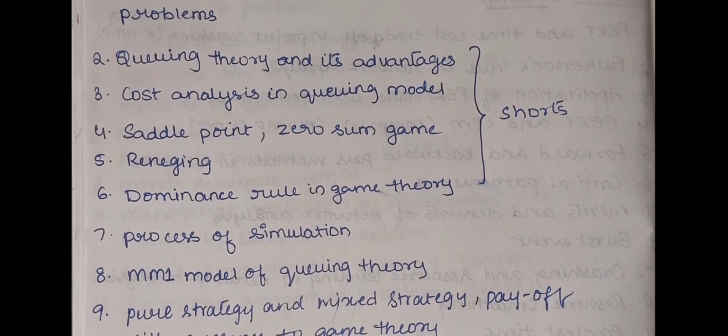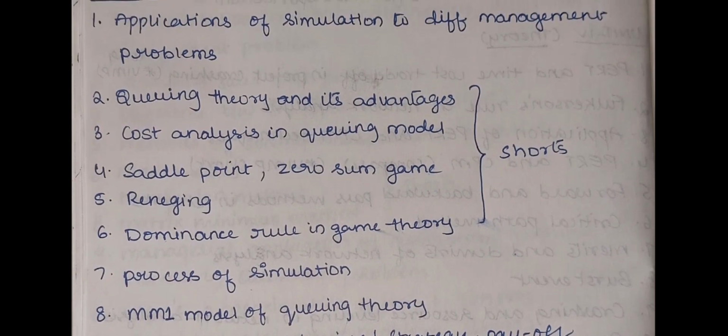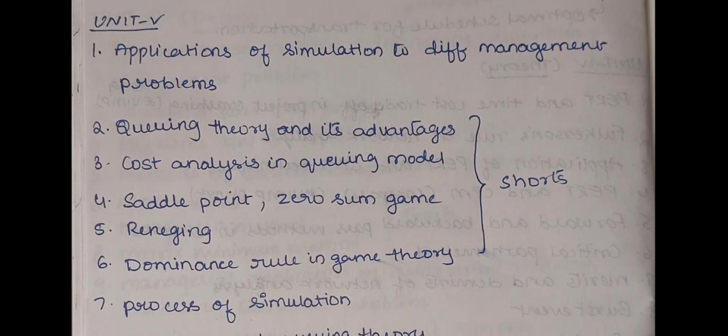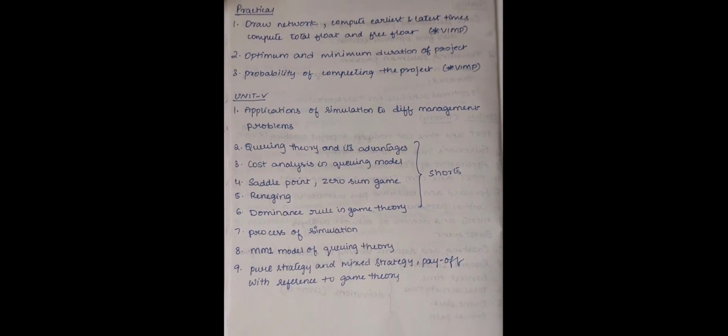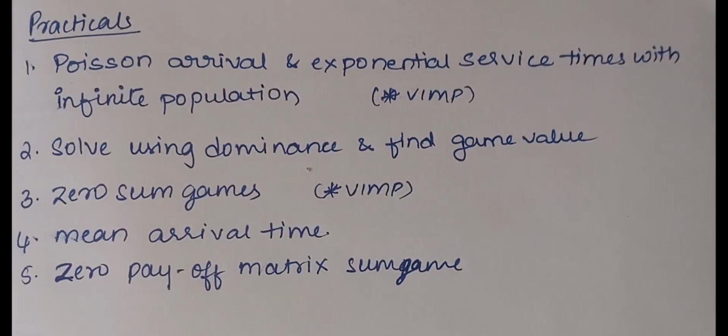All these definitions can be asked in combination. In a long answer question, they'll ask you to explain 4 or 5 definitions, and they'll give you full marks if you write the definitions accurately. Moreover, these can be included as a single definition in your short answer questions as well.